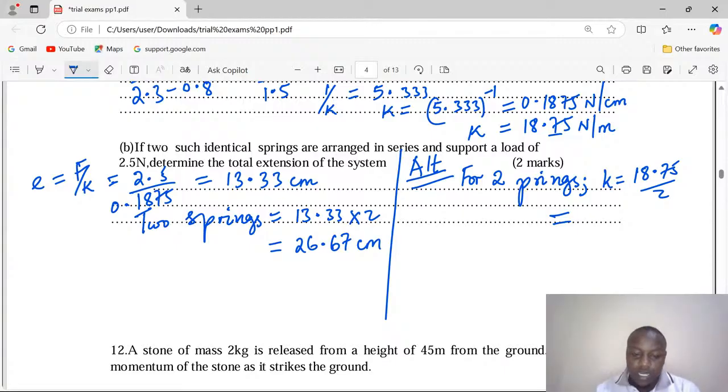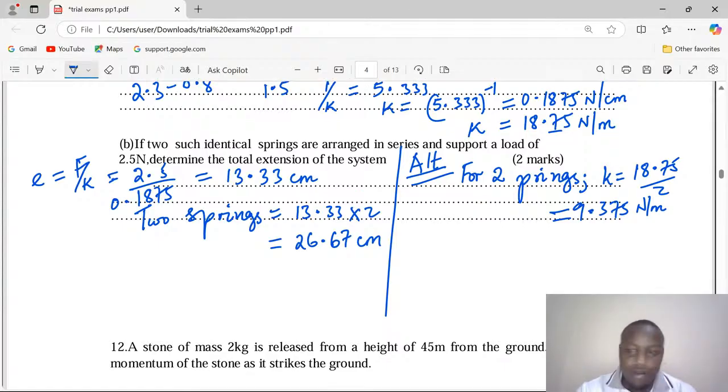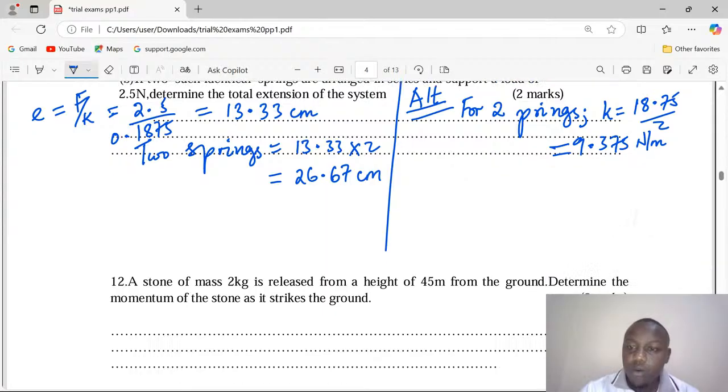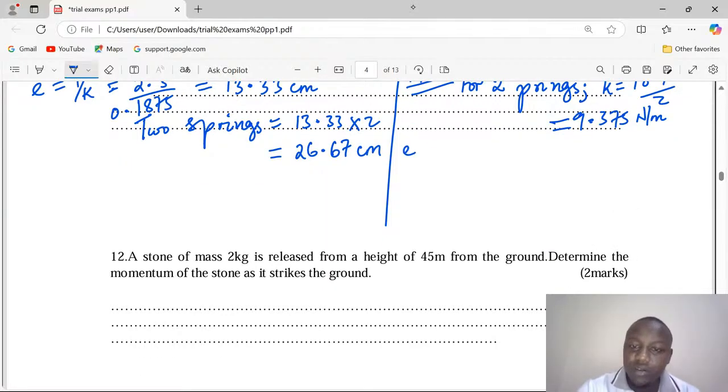So we need to take 18.75 over 2, giving us 9.375 newtons per meter. Then the extension is given by force over the spring constant.